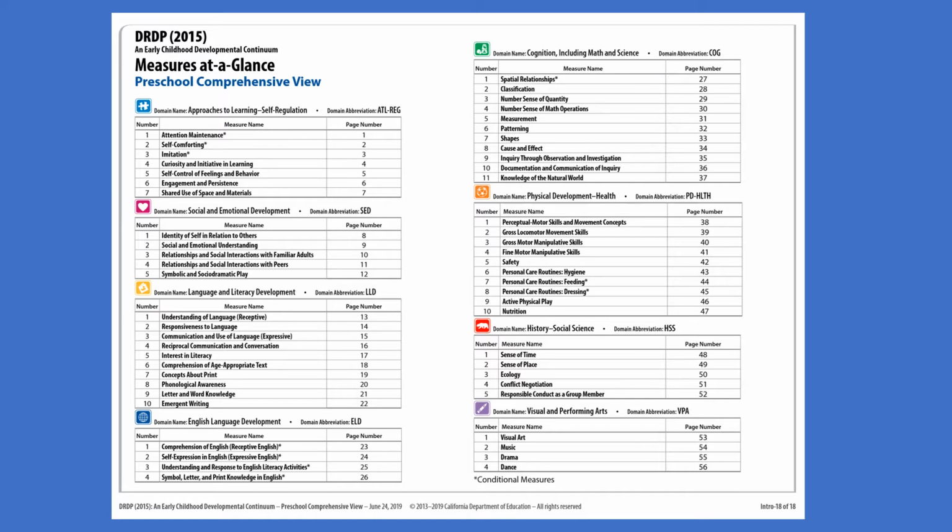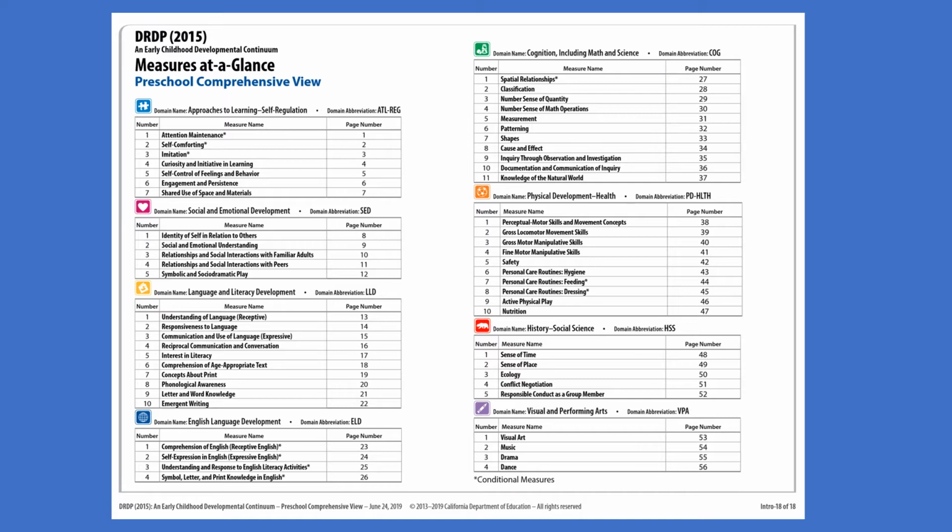This is an early childhood developmental continuum that was created and has been scientifically tested. When it first was created, it mirrored what we know from our developmental psychologists.